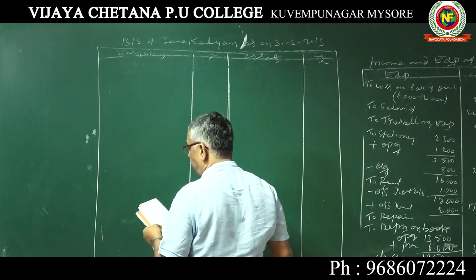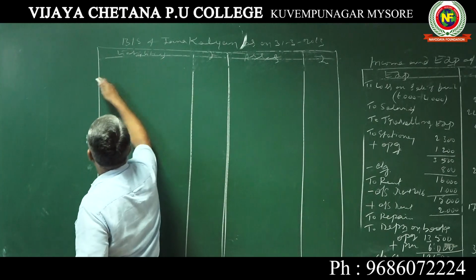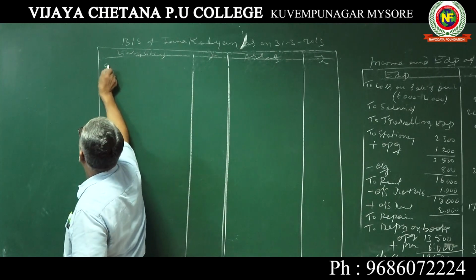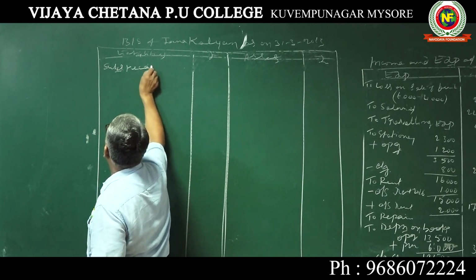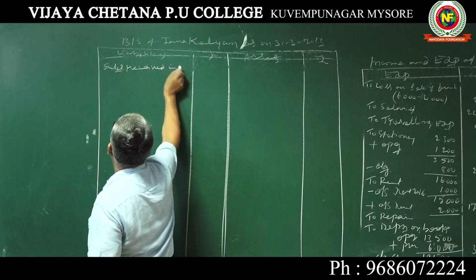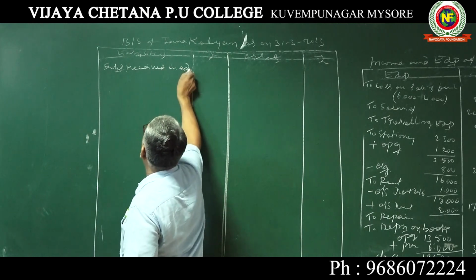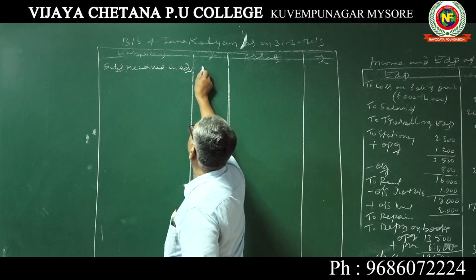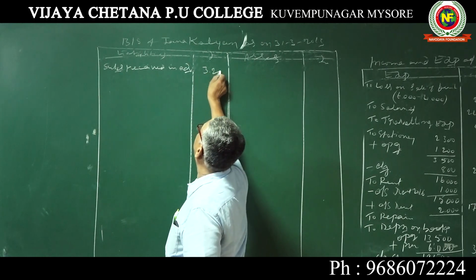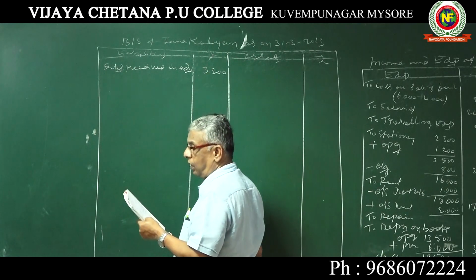Rule for balance sheet: the subscriptions received in advance, that is a liability. Subscriptions received in advance for the current year, that is 3,200, what he has given in the problem.